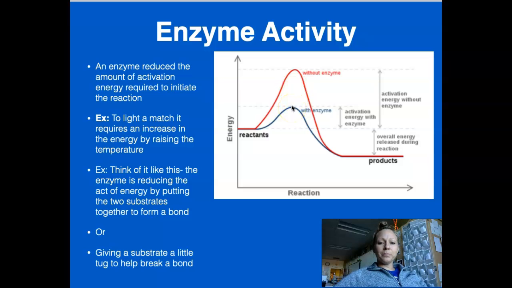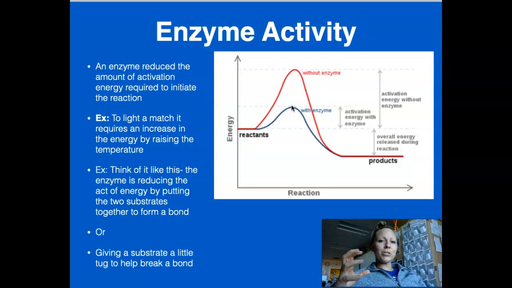So if we break this down, think about a match. If you have a match, the match has everything in it ready to do a chemical reaction, but we need to increase the energy of this system in order to light the match. It's not going to just burn sitting at room temperature. So we're going to add energy in the form of heat by striking it or by using friction to light that match.